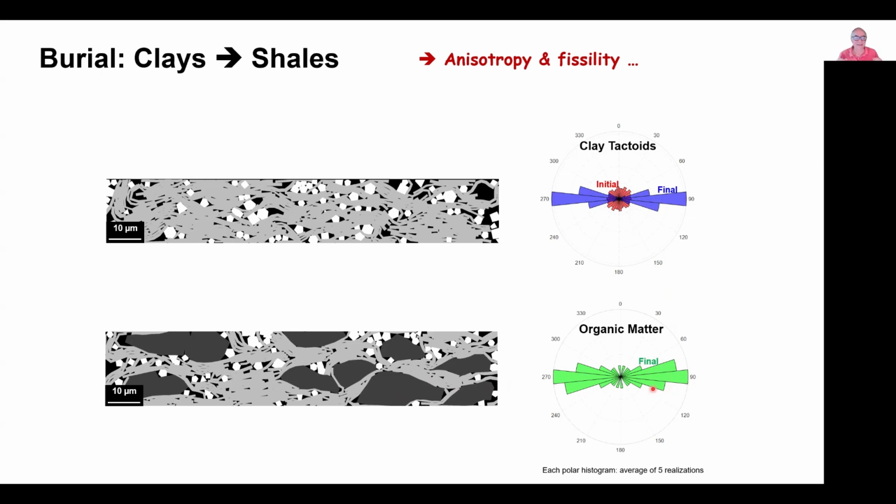That amazing characteristic of shales that you knock them and they split in planes, that is fissility. And that is the compounded effect of having clay particles alignment and organic matter stretching and alignment preferentially along these horizontal planes.